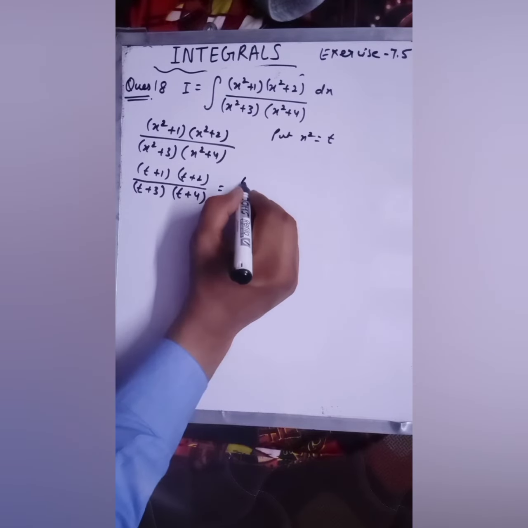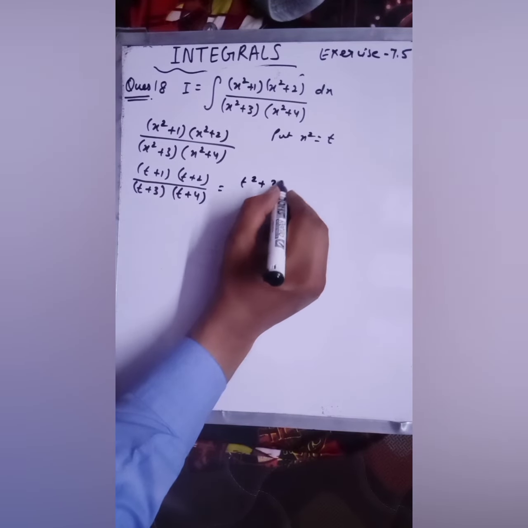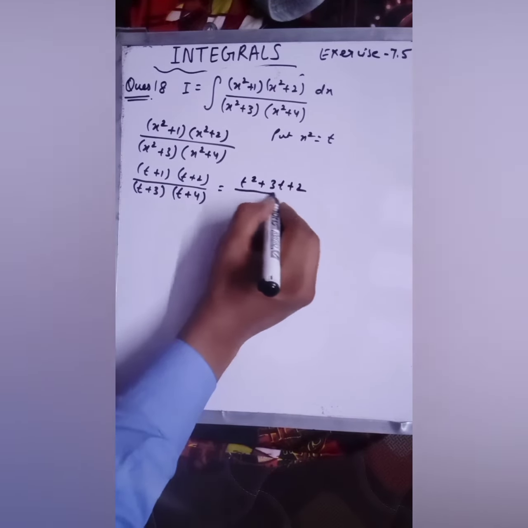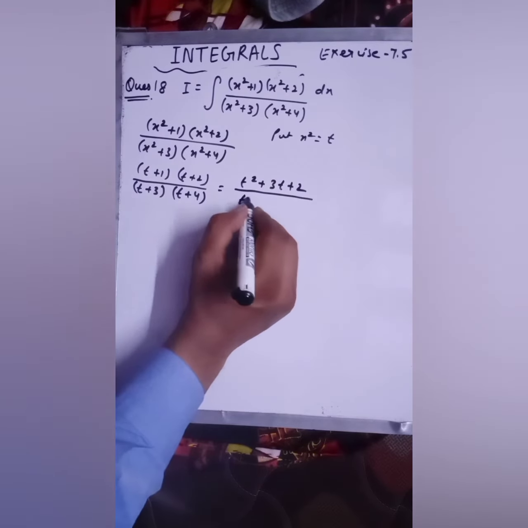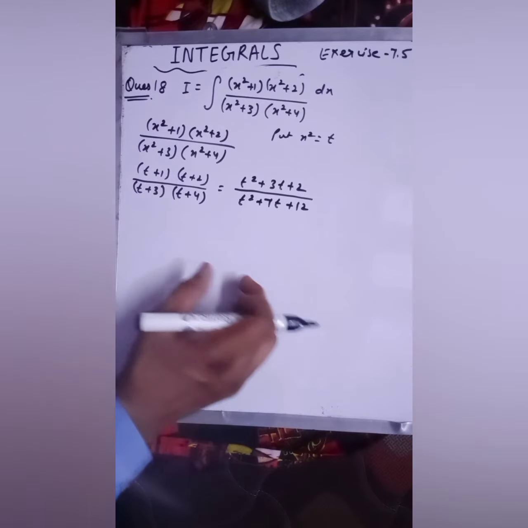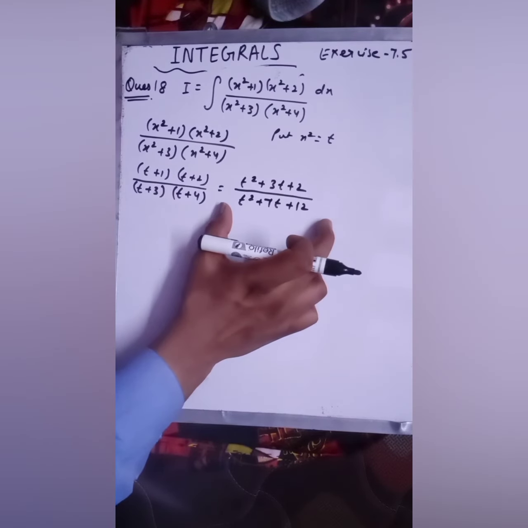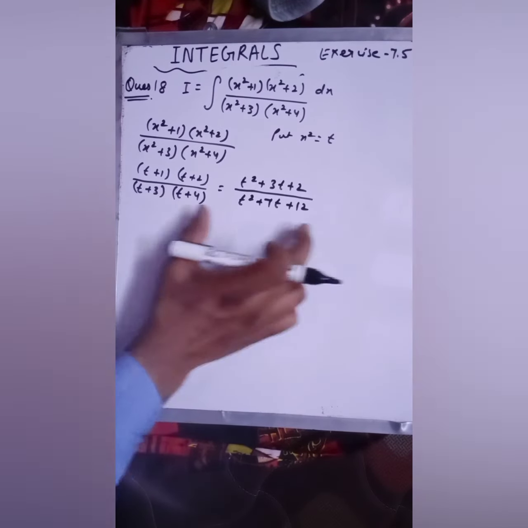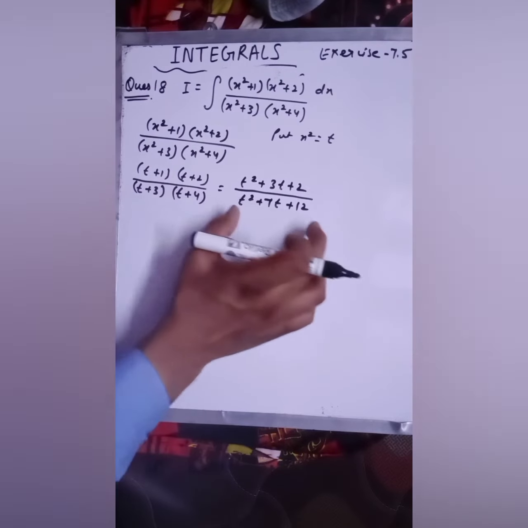So when you will multiply, you will get this 3t plus 2 over. When you will multiply these two, you will get 7t plus 12. Okay, so you have to write this. We can write this like this.